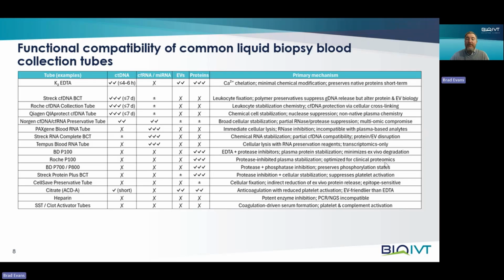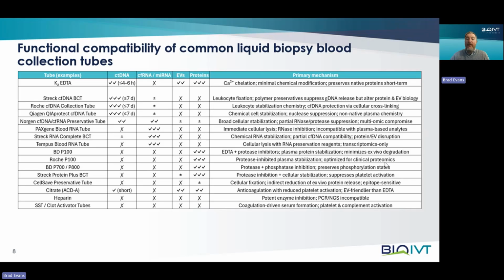Next, the cfDNA stabilization tubes like Streck, Roche, and Qiagen. They are designed to prevent leukocyte lysis and genomic DNA contamination, which is excellent for ctDNA. But they achieve this through cell stabilization chemistries that can alter protein biology and disrupt vesicle integrity. So these tubes are optimized for DNA, not true multiomics.